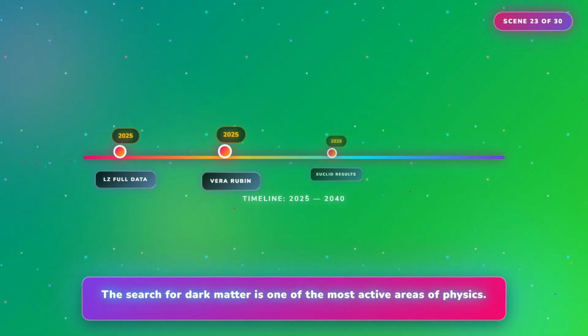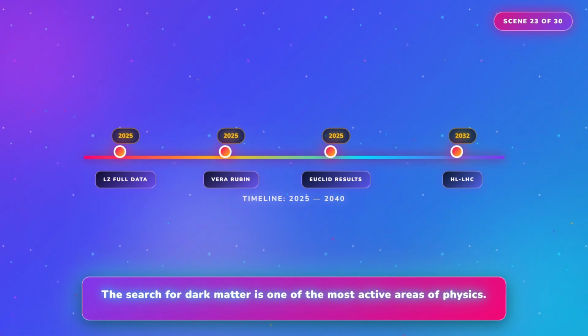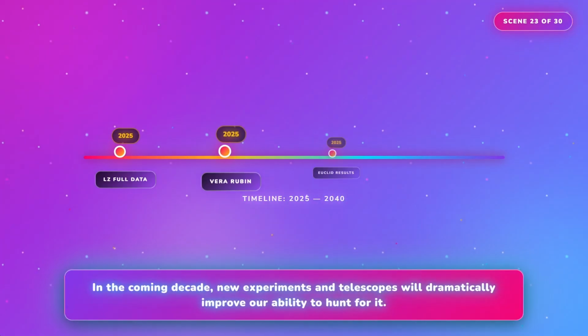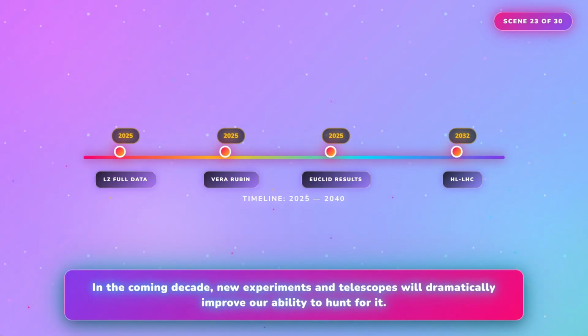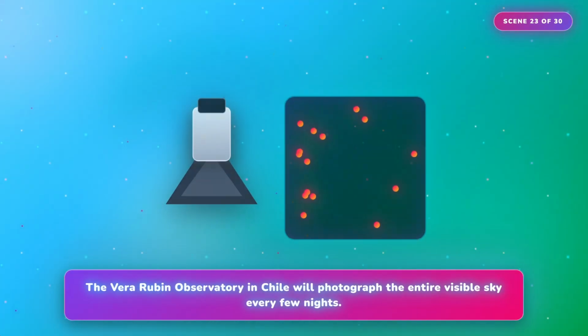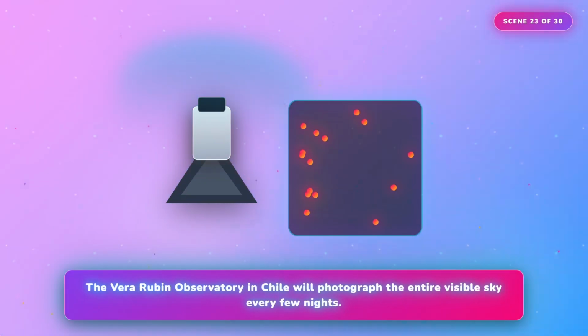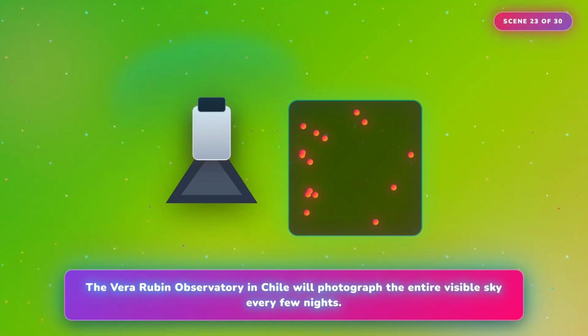The search for dark matter is one of the most active areas of physics. In the coming decade, new experiments and telescopes will dramatically improve our ability to hunt for it. The Vera Rubin Observatory in Chile will photograph the entire visible sky every few nights.